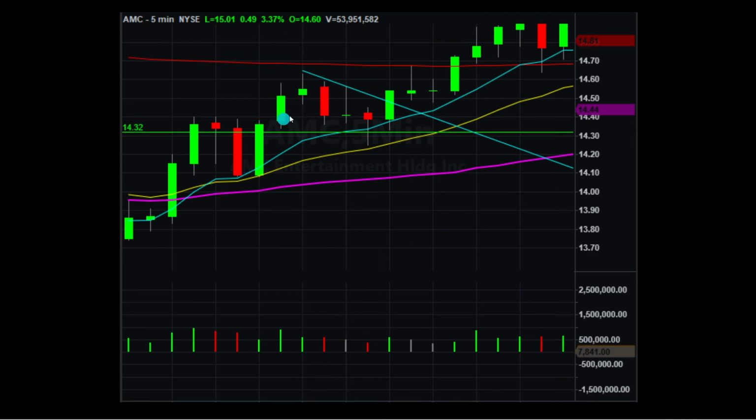Sometimes it could be 1, 2, 3, 4, 5, 6, 7, 8 candles going up, which will basically be the pole, and then you get the little pullback, and sometimes the pullback is longer than this. You just have to know how to time it and make sure you're getting in at the right time.